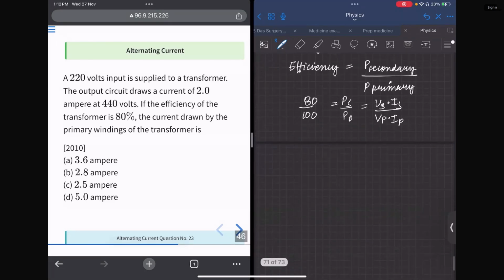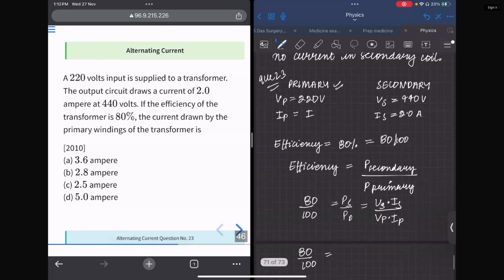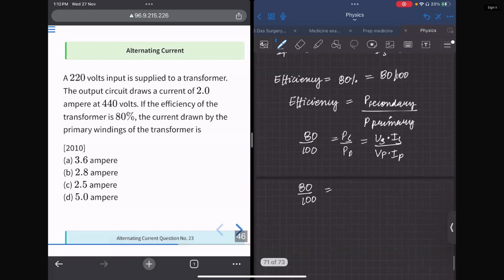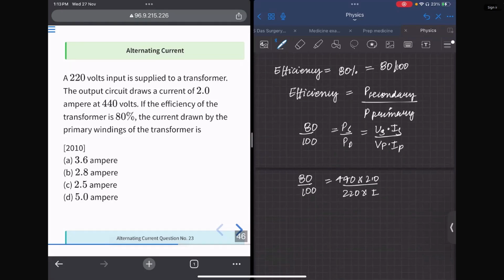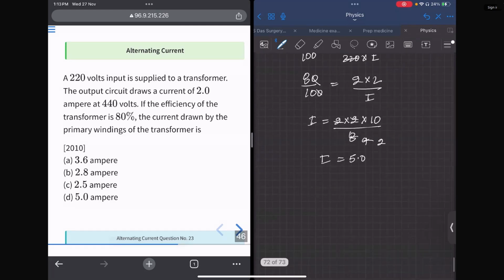So 80 by 100 is actually VS, we have been given as 440, and IS is 2 ampere. So 440 into 2 divided by VP is 220 into I. Okay. So this is 2 times. So 80 by 100 is 2 into 2 by I. Now if we solve this question, so I would be equal to 2 into 2 into 10 divided by 8. I comes out as 5.0 ampere.